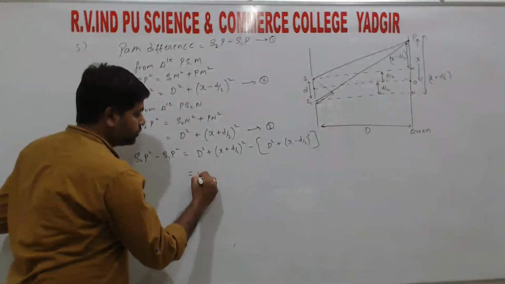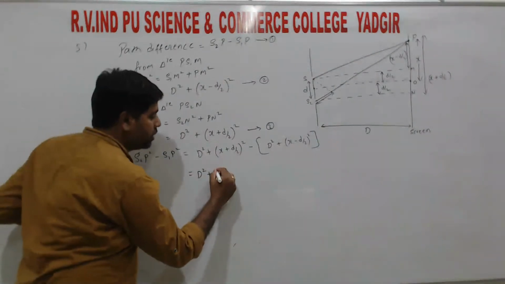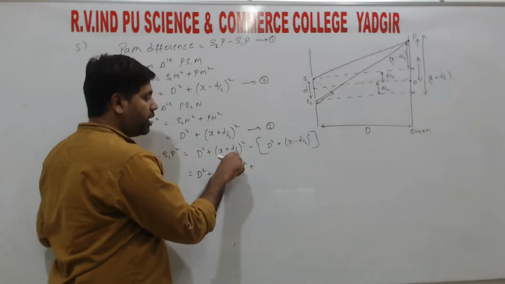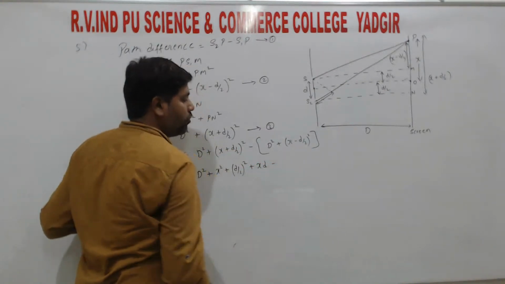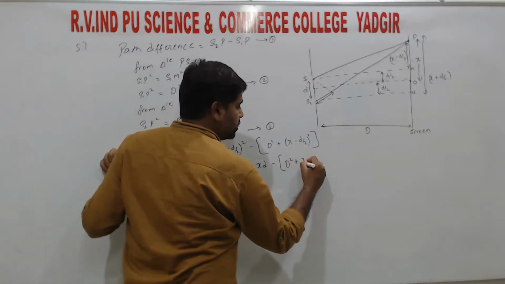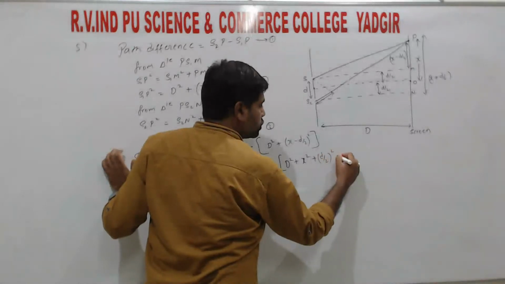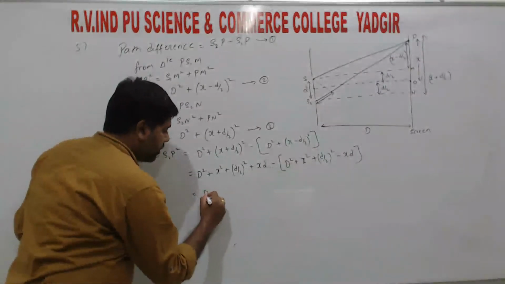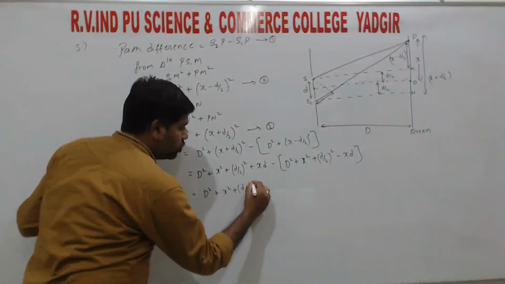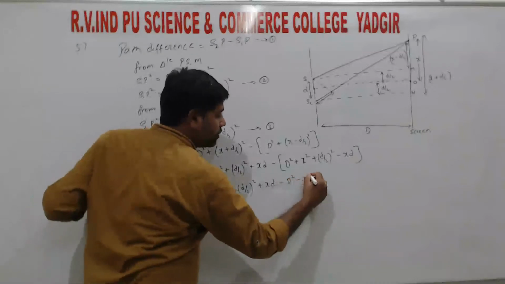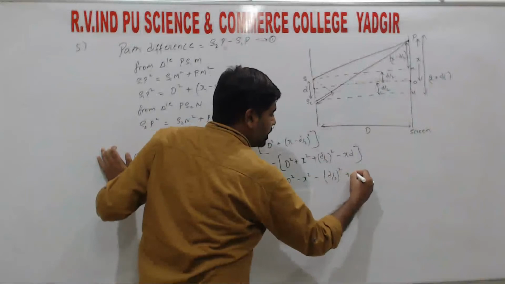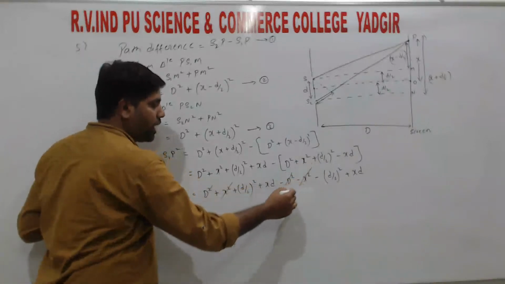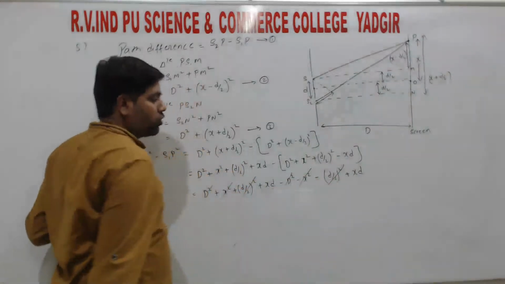Now expanding the terms, in the form of a plus b whole square, x square plus d by 2 whole square plus 2ab, so 2 into x into d by 2, the 2 gets cancelled, giving xd. Multiplying the minus inside the bracket, the d square terms, x square terms and d by 2 whole square terms cancel out.